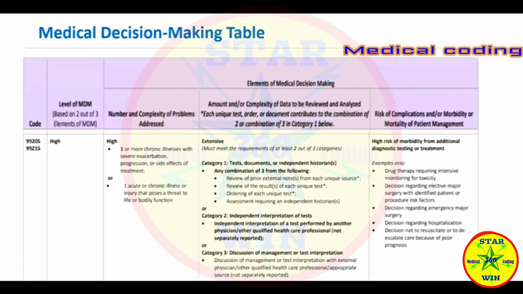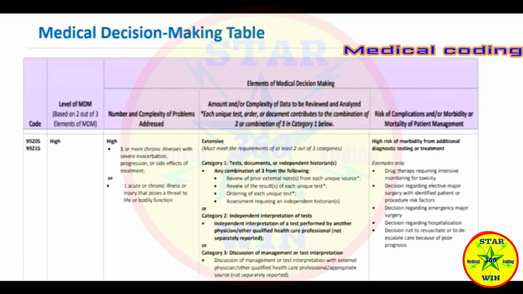Decision regarding elective major surgery with identified patient or procedure risk factors, same. Some new terminology introduced. Decision regarding emergency major surgery, yes, we already know this. Decision regarding hospitalization, this we need to remember. Decision regarding hospitalization is applicable for high risk of complications.